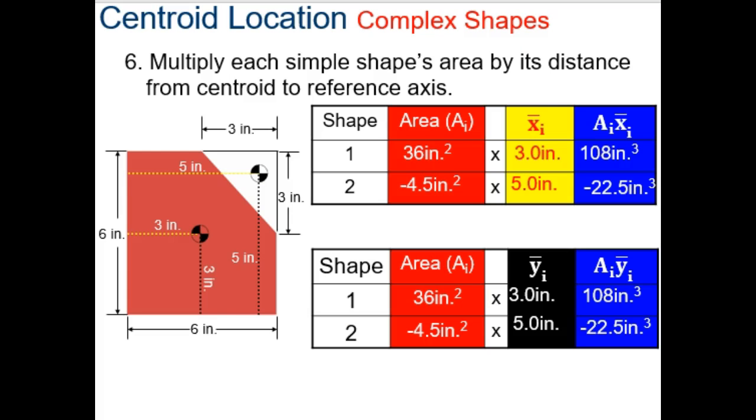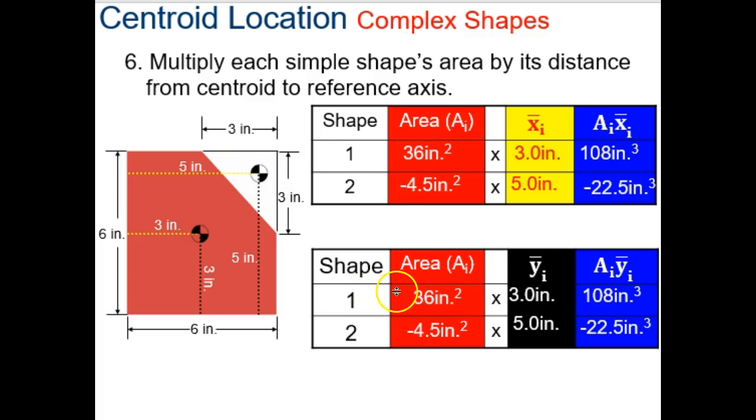And so we go back to these same charts that we used before, where we have the area times the X coordinate, 108 cubic inches, and the area times the X coordinate of the triangle. Notice this is a negative area, which is going to give us a negative value here, which is good because when we take the sum of these two, we're going to subtract them, because we're subtracting this corner out of this block.